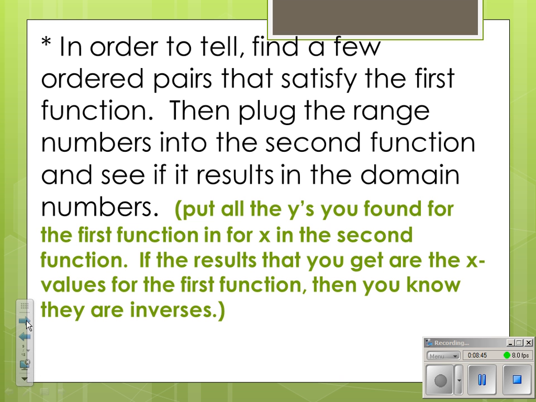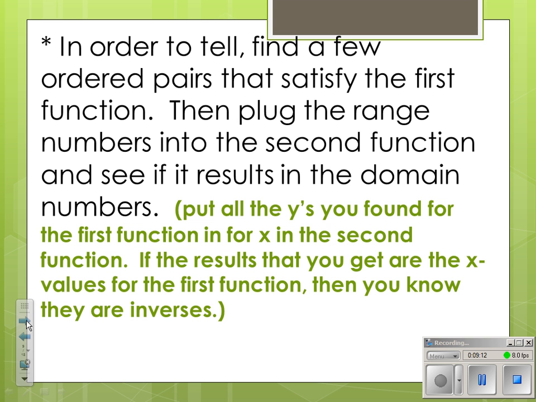So like I was saying a couple seconds ago, in order to tell whether or not you have inverse functions, find a few ordered pairs that satisfy the first function. Then, of those, take the range, the y values, and plug them into the second function for x. When you solve, if they're in fact inverses, you should end up getting the x values of the first function.